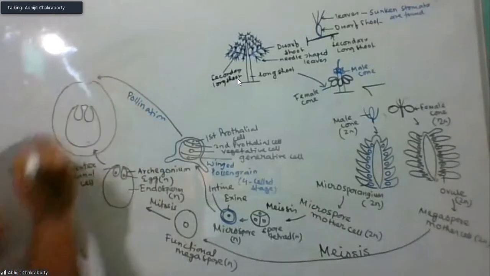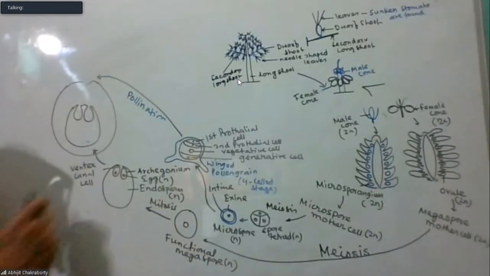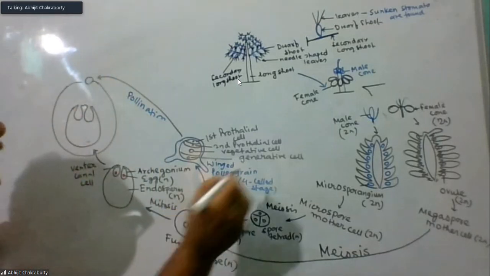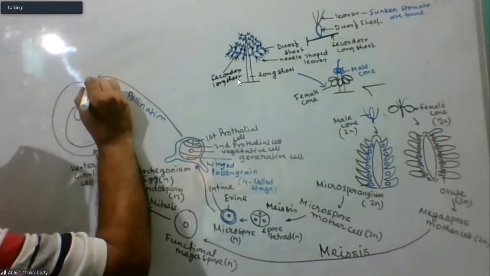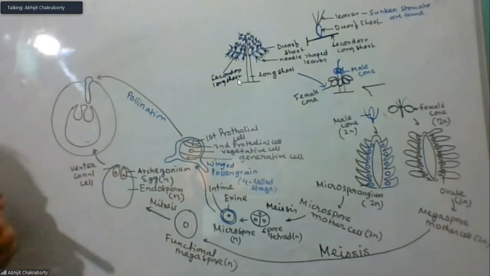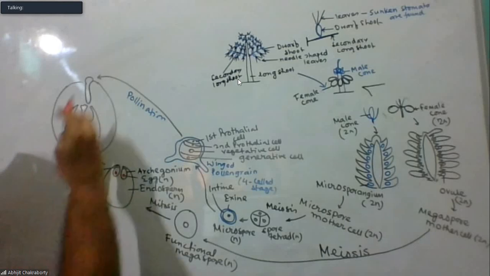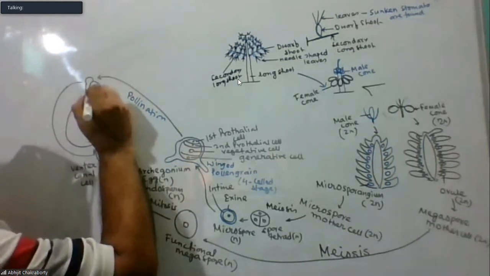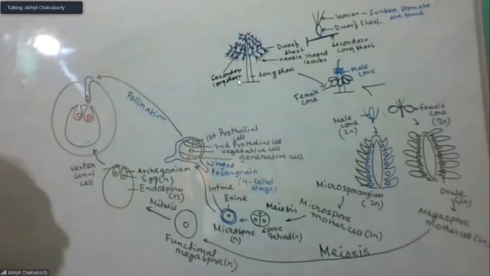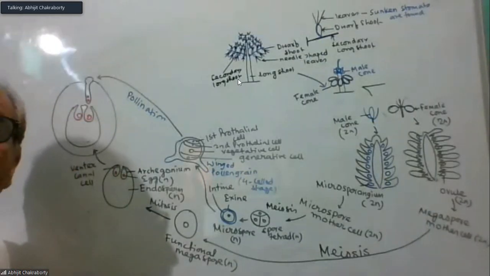After reaching there, the generative cell divides to form 2 male gametes. Here you will get the egg, and before fertilization, the ventral canal cell degenerates.